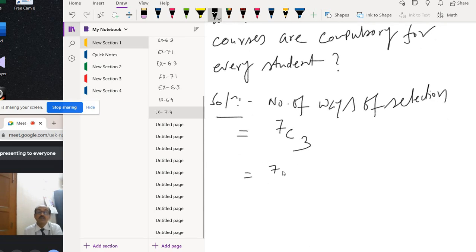Now 7 factorial by 3 factorial into 4 factorial, since 7 minus 3 is 4.